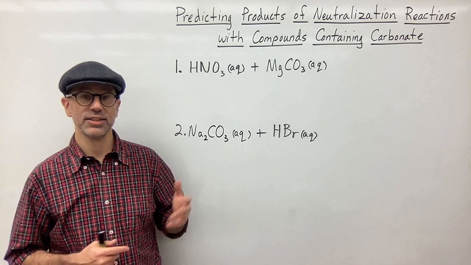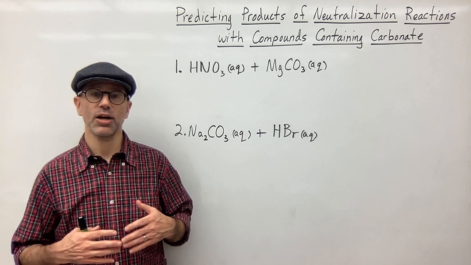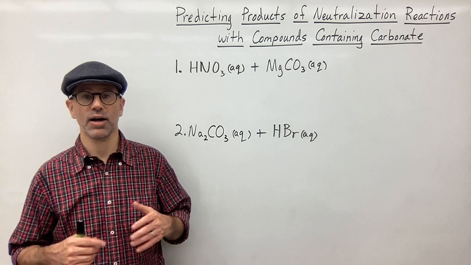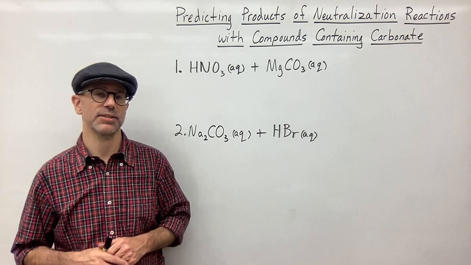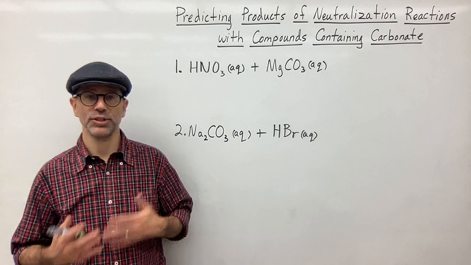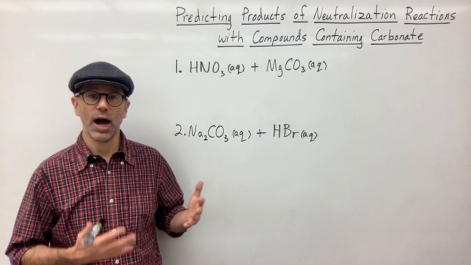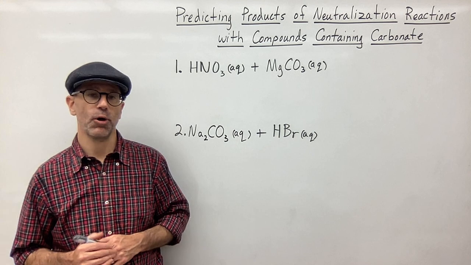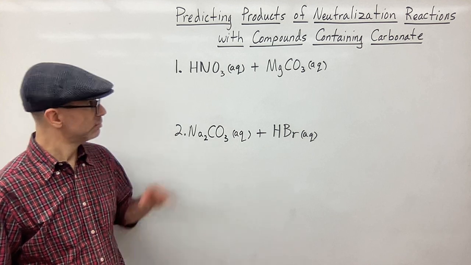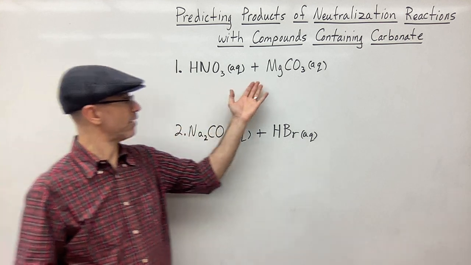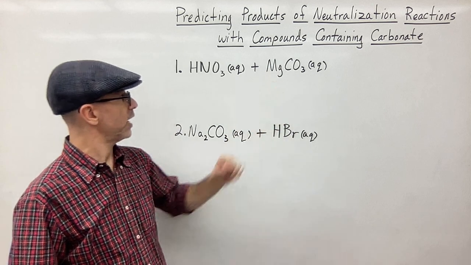Also, in this case, carbonates are responsible for producing carbon dioxide gas, so we have to recognize that. I'm going to go over a couple of examples that show how the gas is formed and what products to look out for. Here we have our nitric acid and our magnesium carbonate, aqueous.